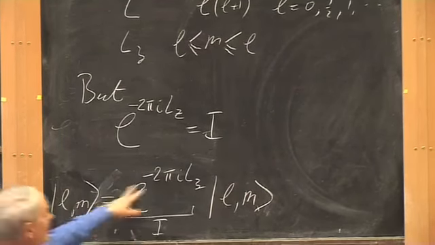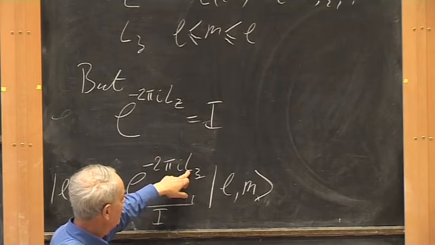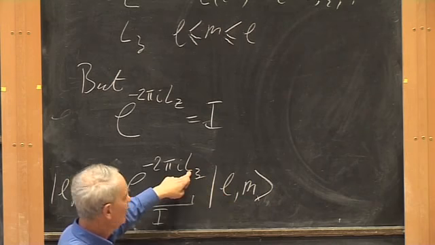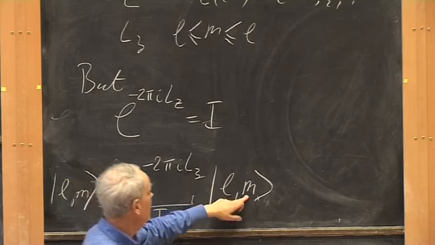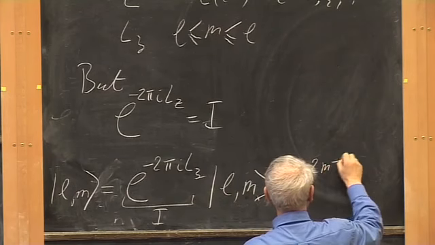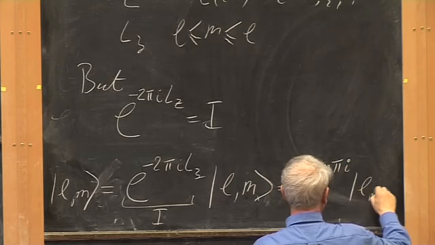But what actually is this? We're doing an exponential of this operator. This operator looks at this and says that's my eigenfunction, and therefore it replaces itself with the eigenvalue. So this is e to the minus 2 m pi i times |l,m>.